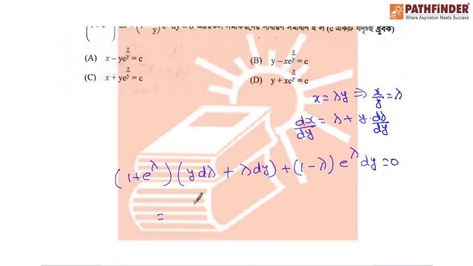After rearrangement, we get 1 plus e to the power lambda by lambda plus e to the power lambda d lambda plus dy by y is equal to 0.